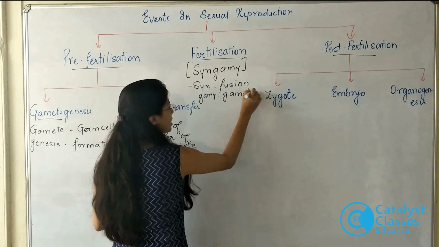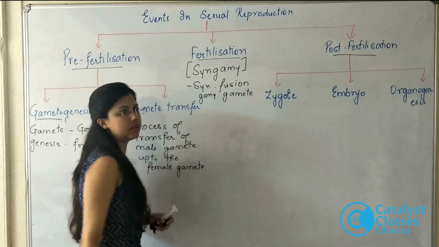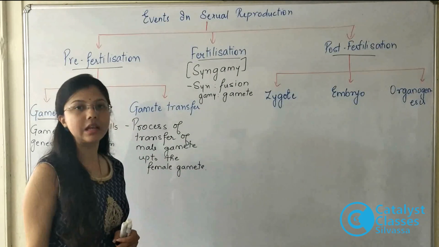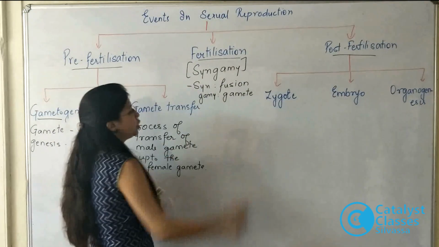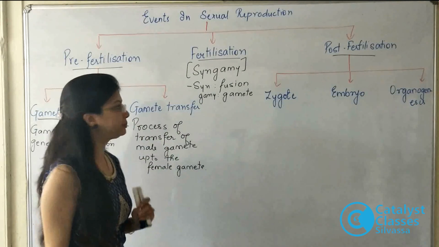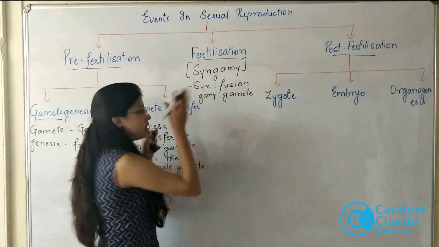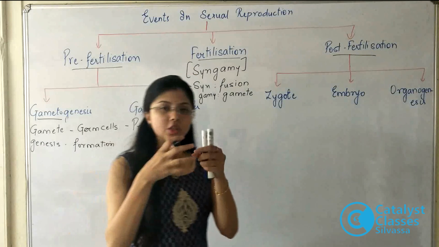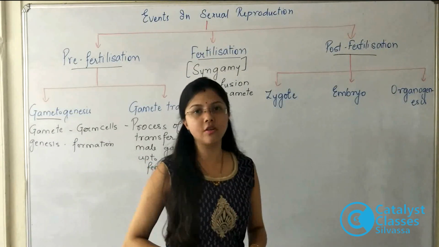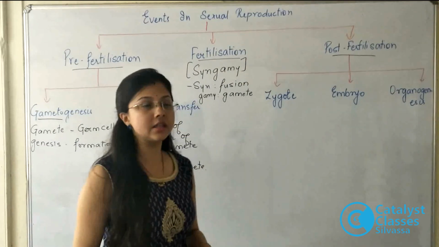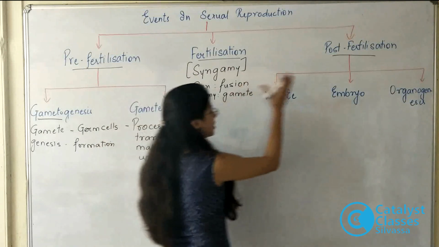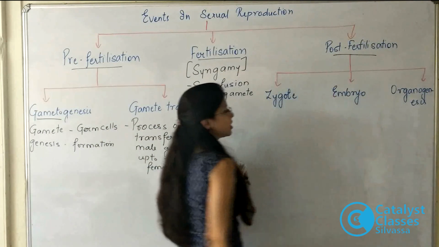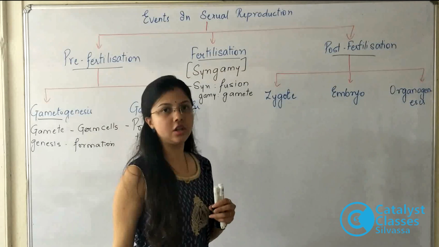So, the process in which the fusion of gametes is taking place is called syngamy, or another term that can be used is fertilization. After that, whatever events will occur, those events are called the post-fertilization events.